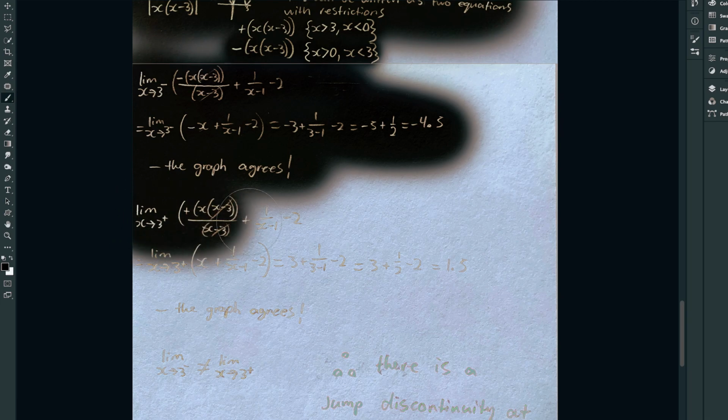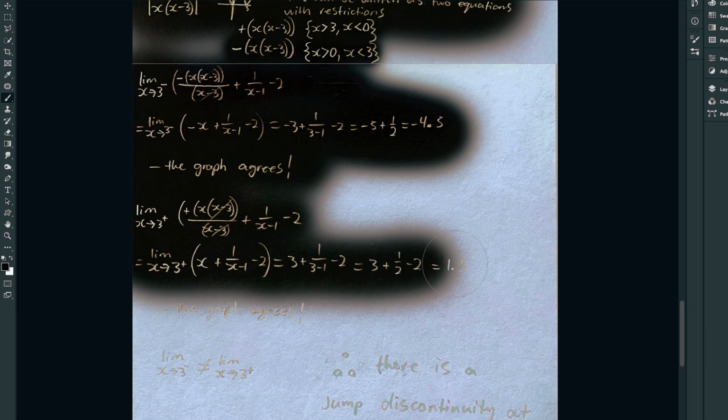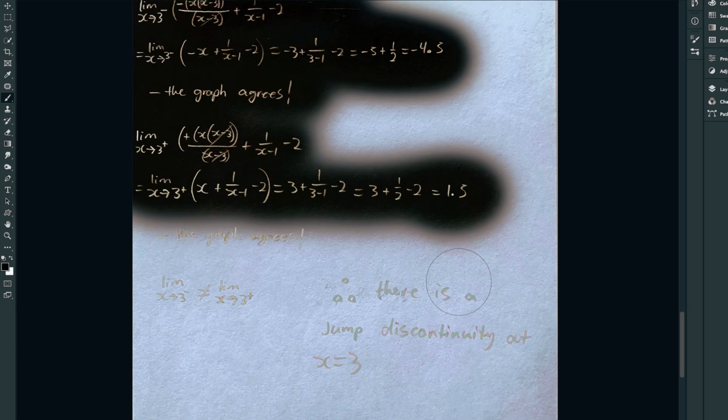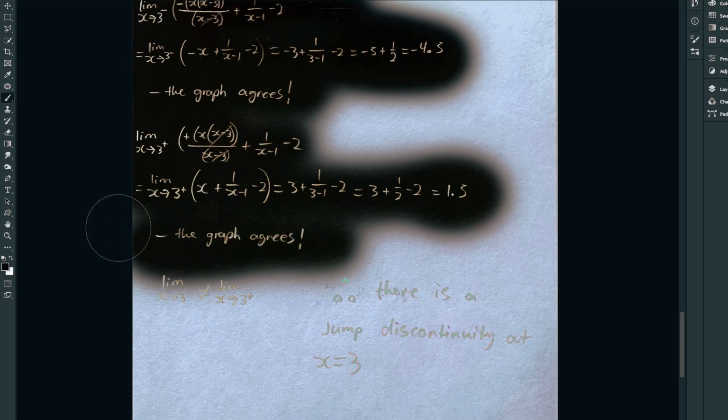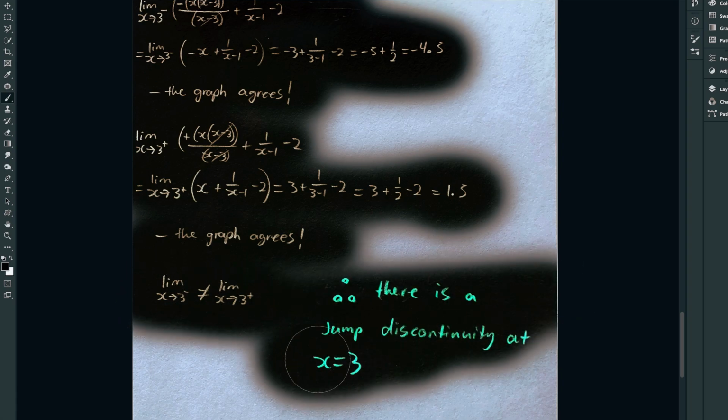Now when you approach it from the right, you use the positive option for the absolute value part, and simplify it, take out the babysitter and troublemaker, and it gives you 1.5. Graph agrees with this, and negative 4.5 does not equal 1.5, therefore the limits are not equal, and there is a jump discontinuity.